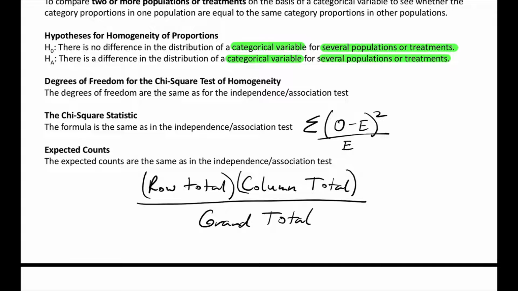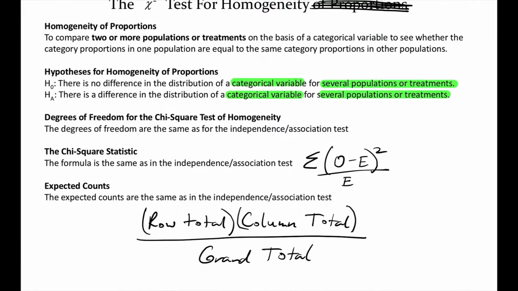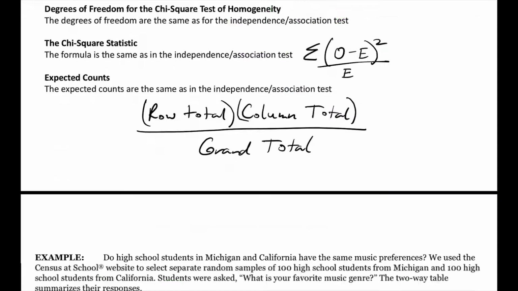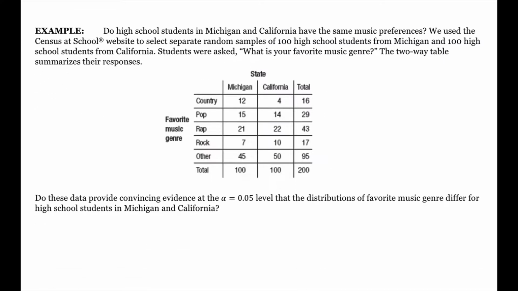We did that for each of them, and that's what we're going to do today. The thing about homogeneity is it's very, very similar to what we did yesterday for the test for independence or association. The question is just different, but it's pretty much the same.